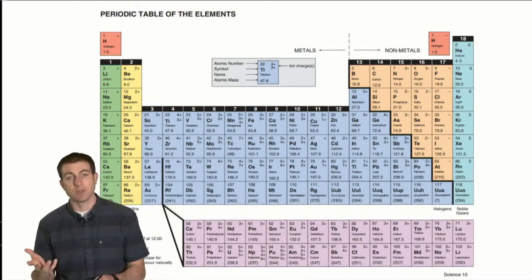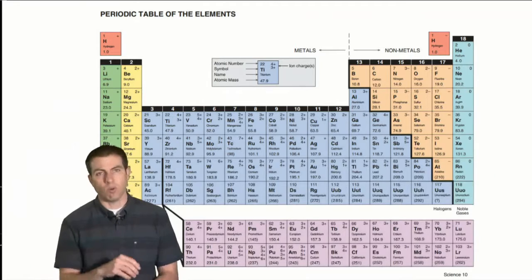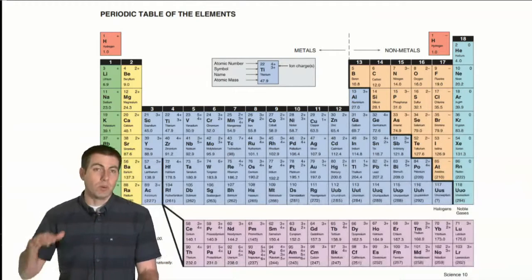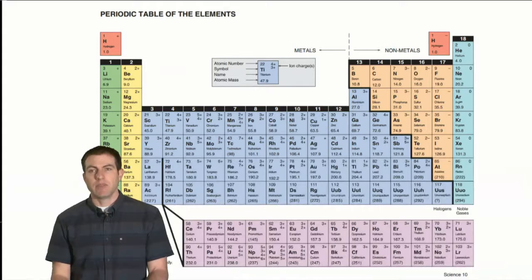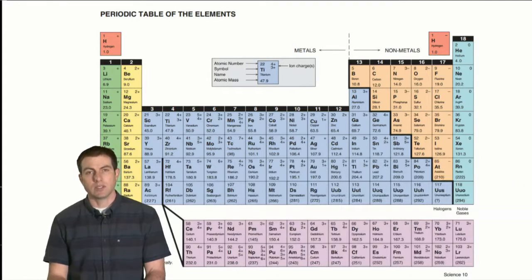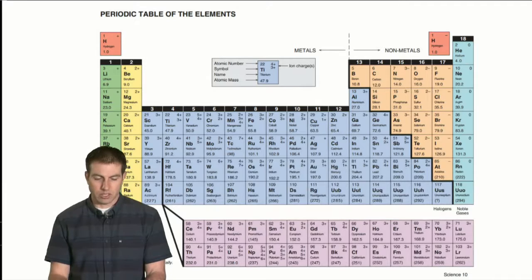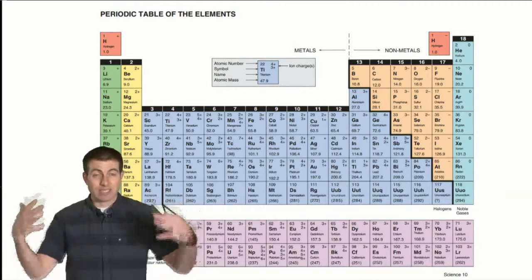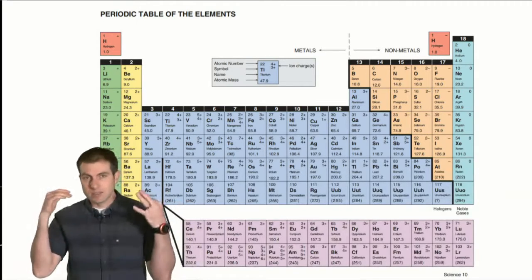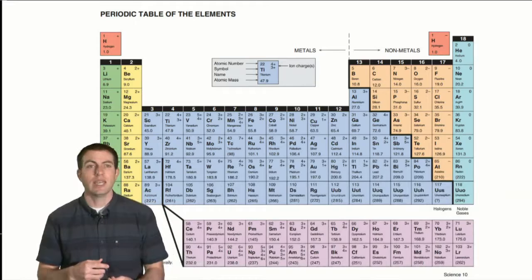So some atoms will have isotopes and others won't. For now, we don't want to talk about isotopes. We're not quite there yet. It's not a gross estimate. It's very precise. So the word estimate's not really a great word, but it is an average for the naturally occurring ones.